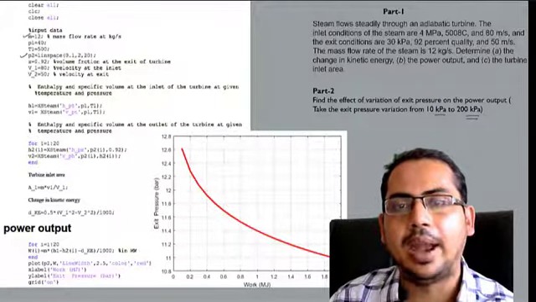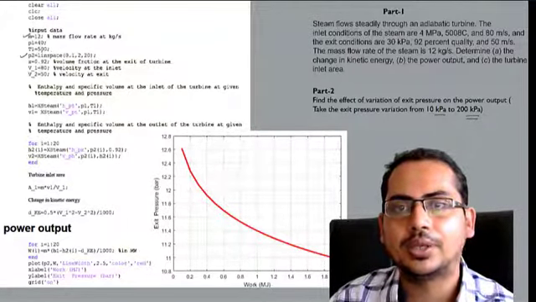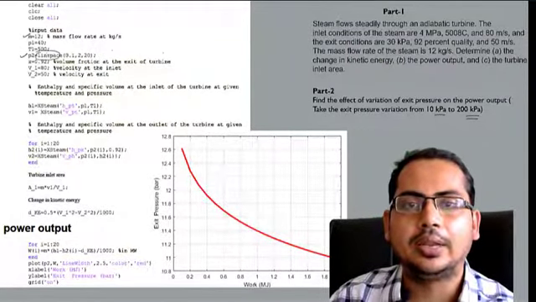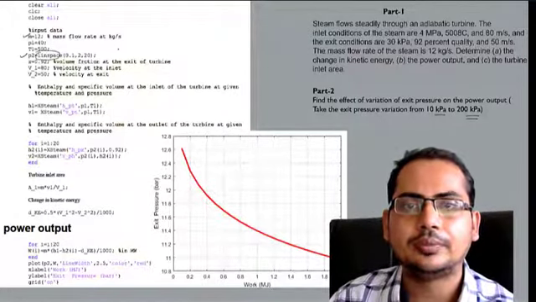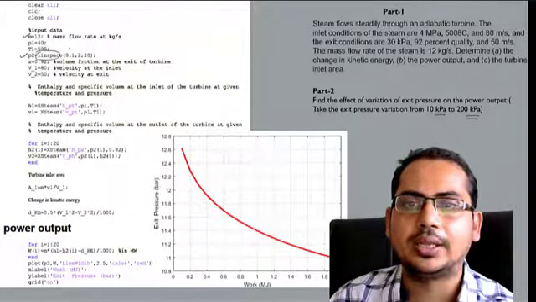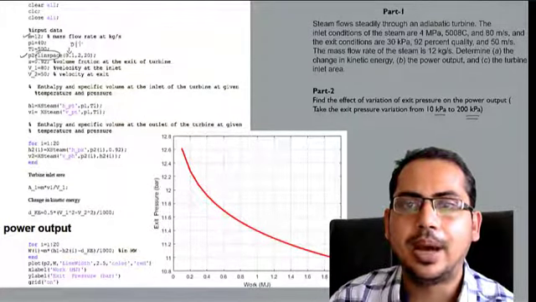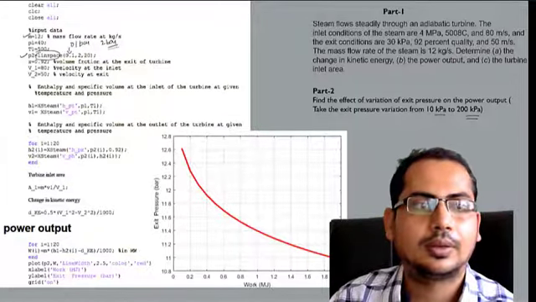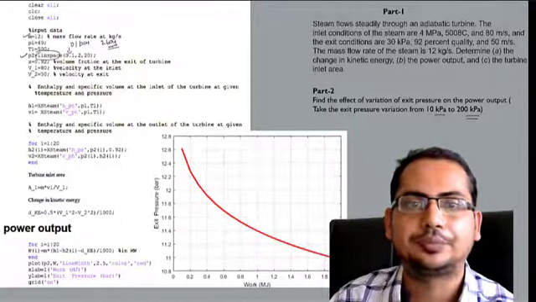In Matlab there is one function, linspace. What is linspace doing? It distributes the two values at an equal number of points. So the pressure is 0.1 bar and the pressure is 2 bar, that means 10 kilopascal and 200 kilopascal.